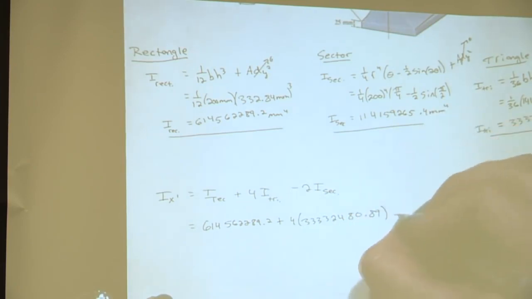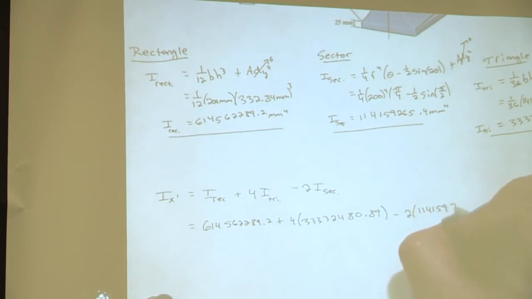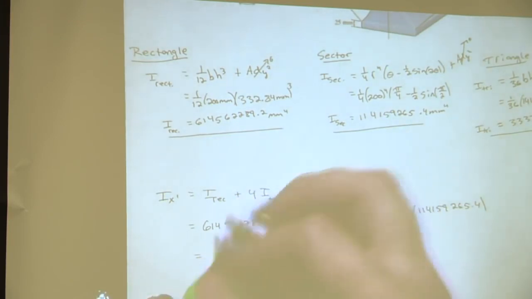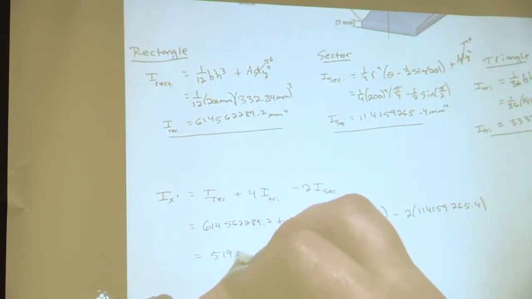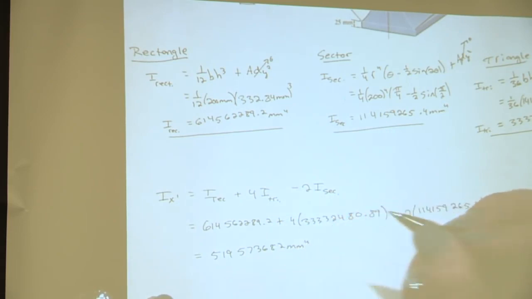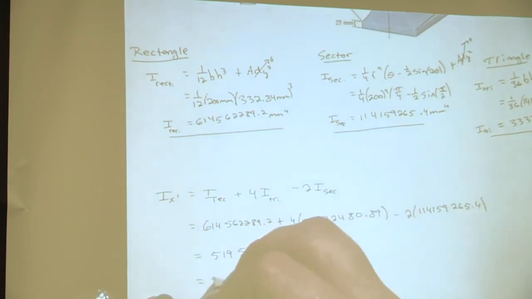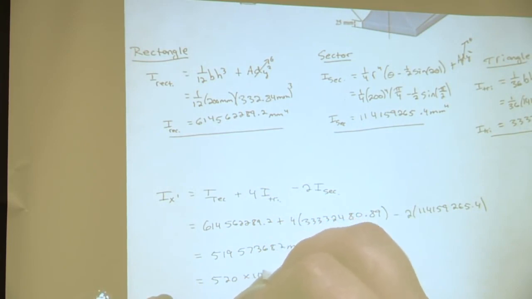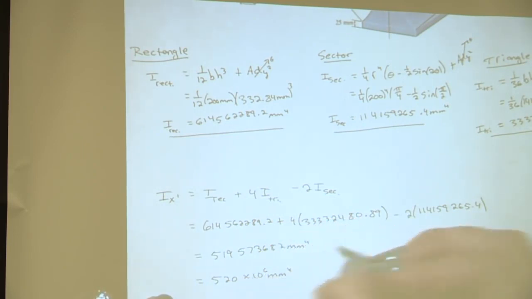Calculate all of that out, and you should get somewhere around this number, millimeters to the 4th. Or you can just round up to 520 times 10 to the 6th, and that looks much better.